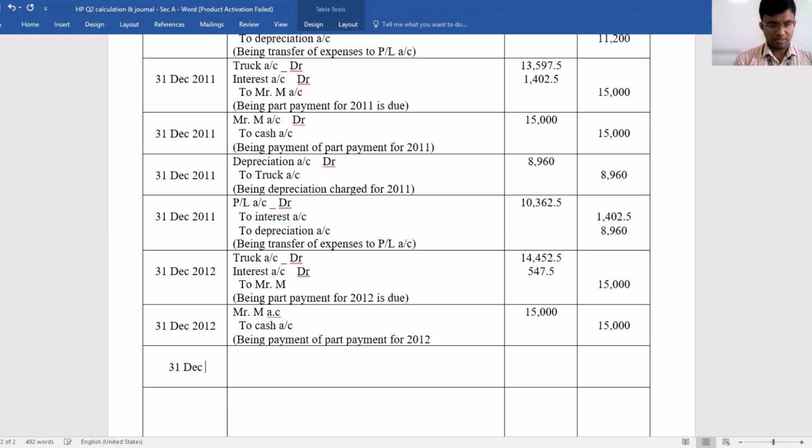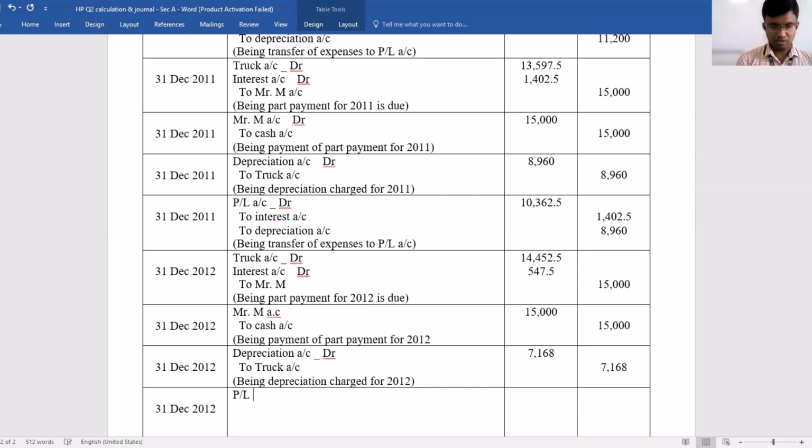Now on 31st December 2012, we have to charge for depreciation, so that would be depreciation account debited, and depreciation for the final year would be 7,168 to truck account 7,168, being depreciation charge for 2012.